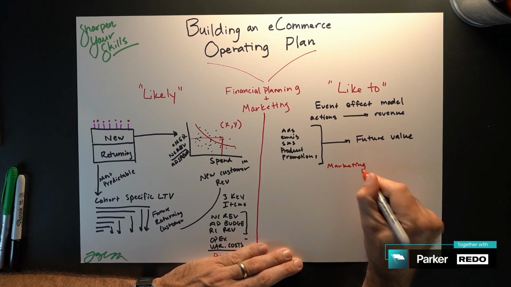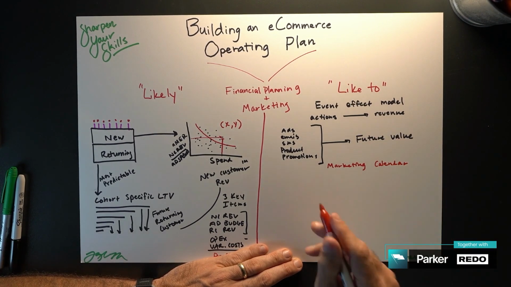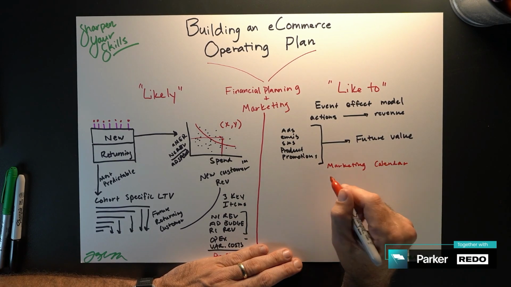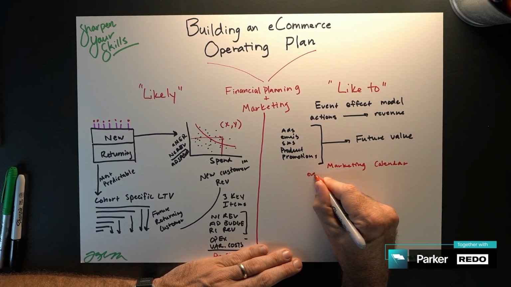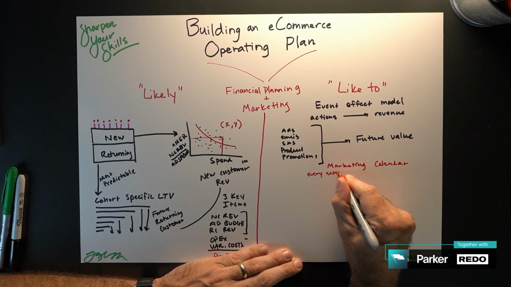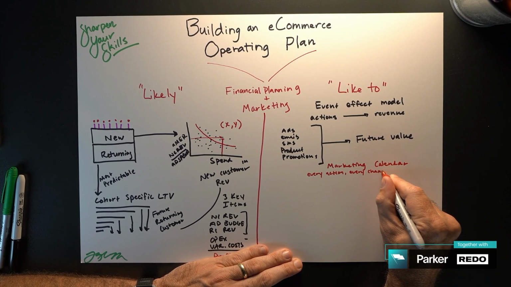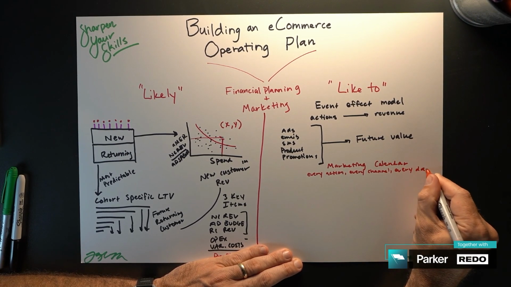The marketing calendar is home to all of the anticipated actions in every channel every day. I'll say that again. A good marketing calendar in e-commerce contains every action in every channel every day. Okay?